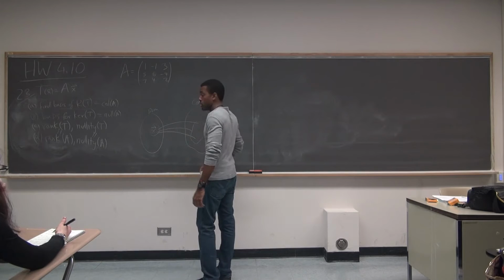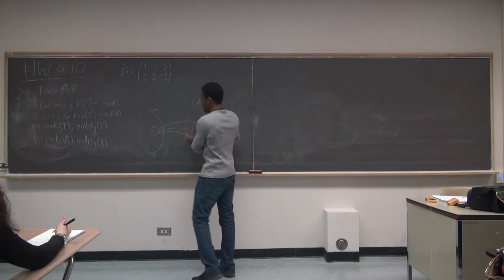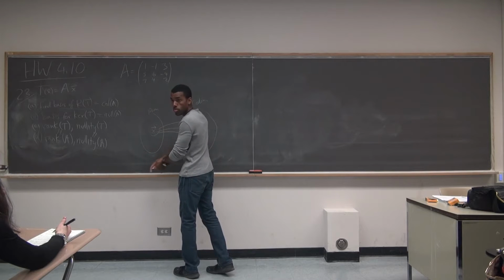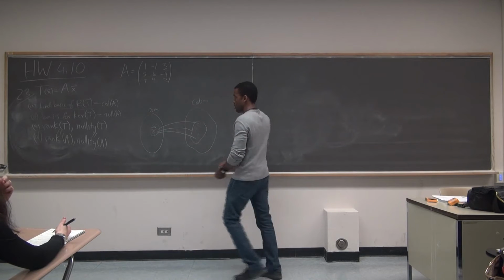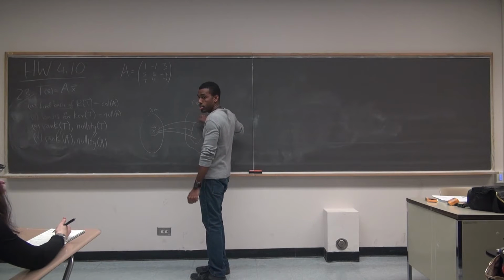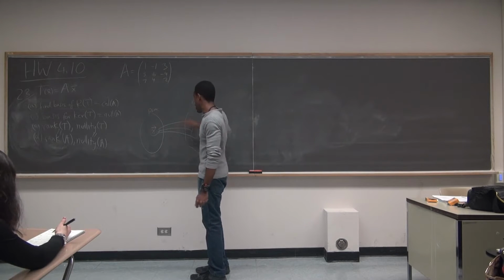So the range is determined by what these vectors are doing, but they are coming from the columns. So if you figure out what's happening to the columns, like what space they span, then you're pretty much figuring out what's over here.